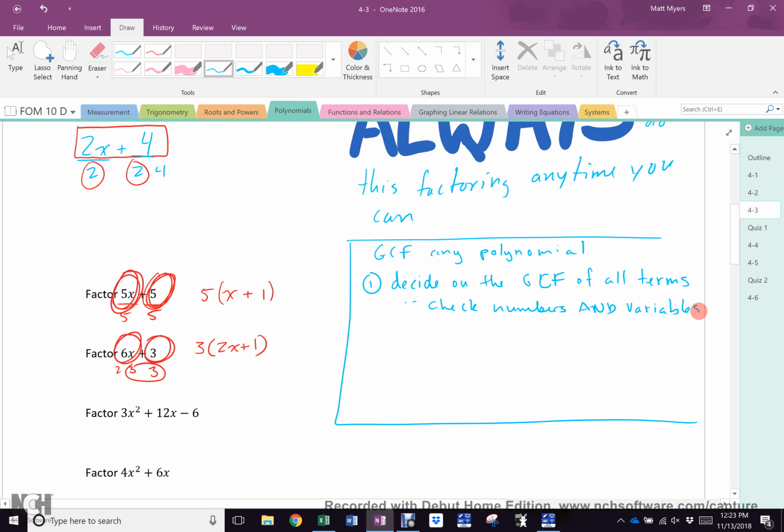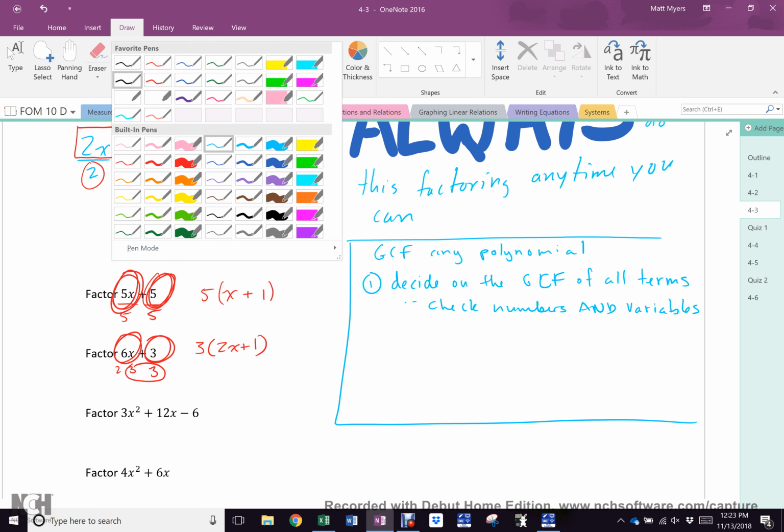That is step 1. So we checked. 5 was 5 and 5. That's the greatest common factor to both of them, yes? In 6 and 3, I could be 2 or 3 or 3. 3 was the greatest common factor to both of them, yes? So everybody can do that one, right?